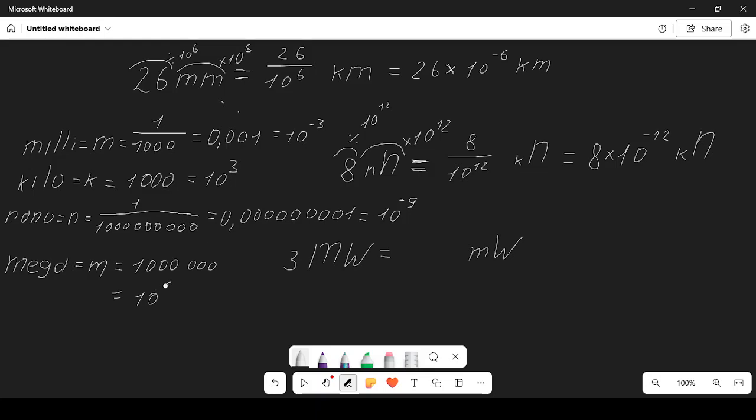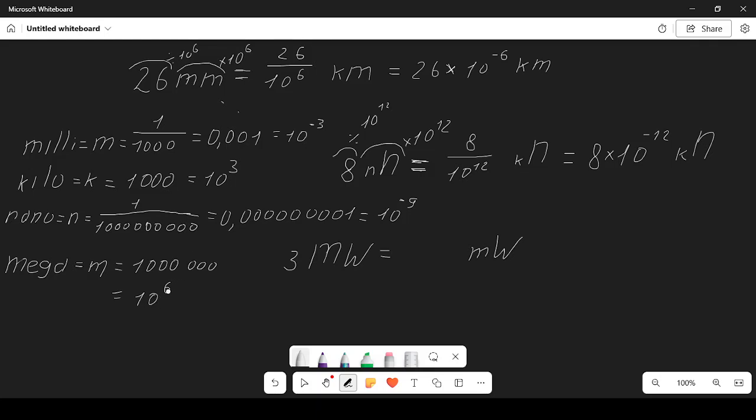Mega is 10 power 6. We have 3 megawatts and we want to present it in milliwatts. Let's look at the distance between mega and milli. Mega is 10 power 6. Milli is 10 power negative 3.